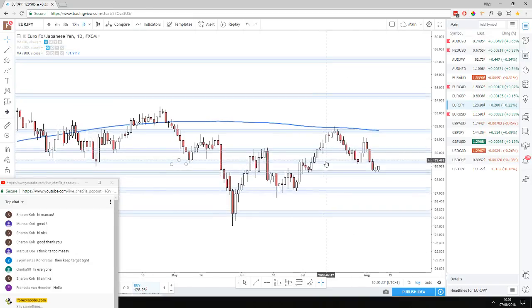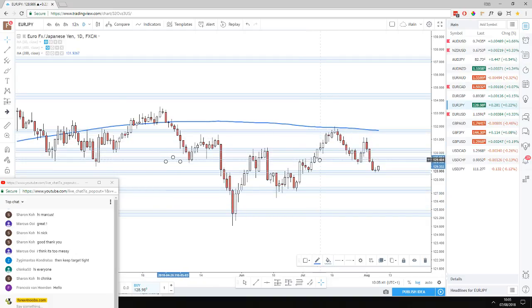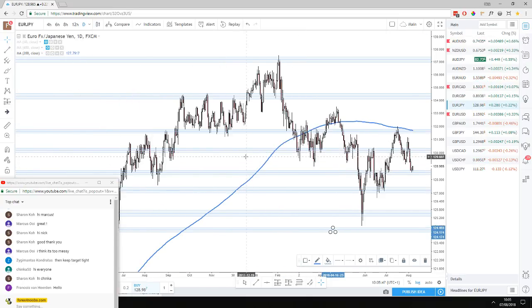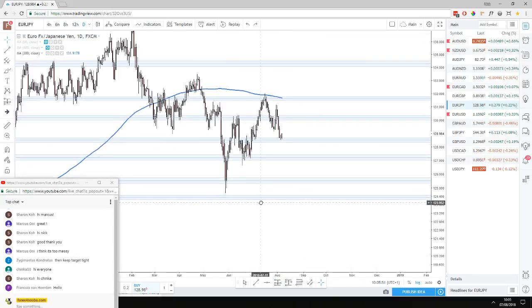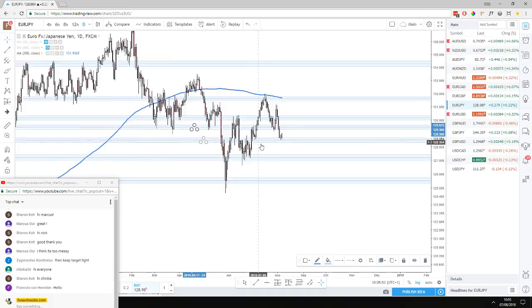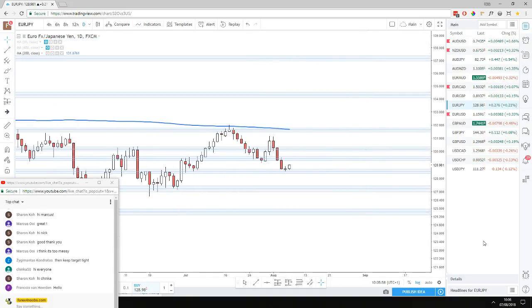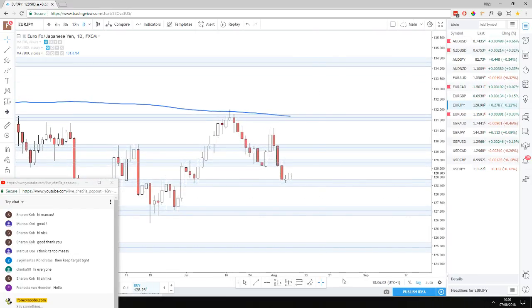Euro JPY. Can't remember why I have this here. I think I was messing around with the support resistance areas. But it does kind of make sense to have it there. So there is a potential long trade on Euro JPY, but there is a resistance area immediately above it, so I'm not going to take that.